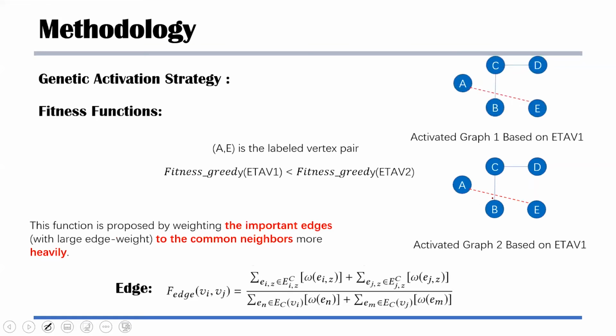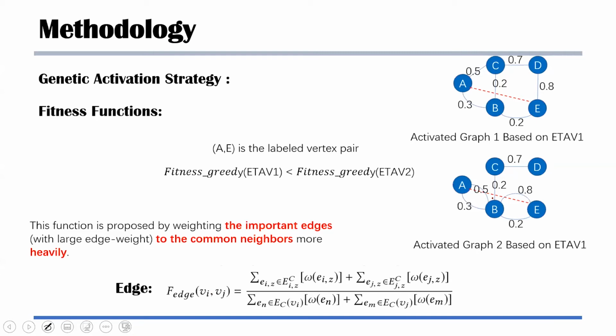The third one is a little bit more complex because the first two are based on the node, but the third one is based on the edge. So we want to calculate the importance of the connections. It's a little bit like a random walk. The function proposed weights the important edges, not the nodes anymore, to the common neighbors more heavily.